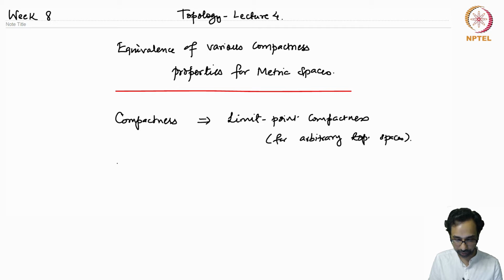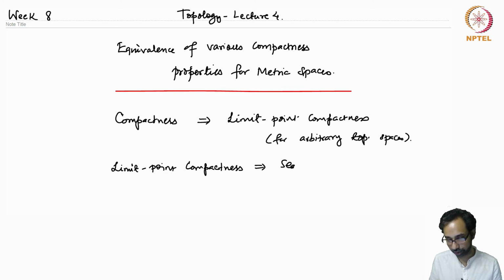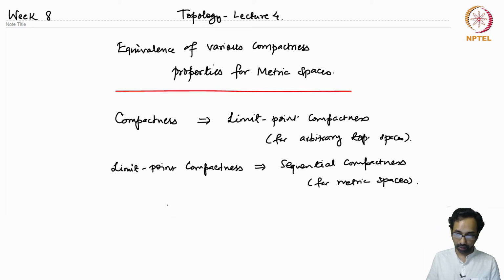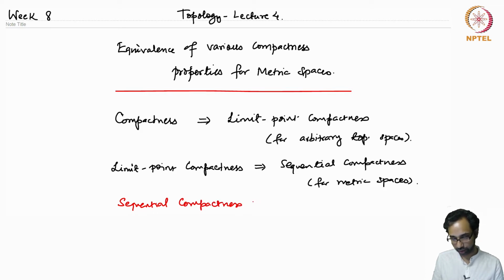And we have also seen that limit point compactness implies sequential compactness, but this was only for metric spaces. And what we want to show in this lecture is that sequential compactness implies compactness for metric spaces again.